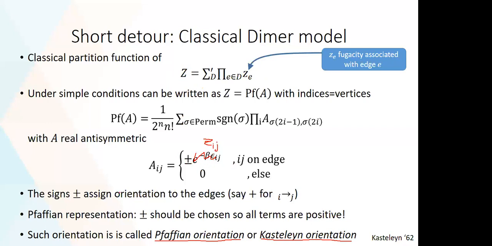In his work, he thinks of this assignment of plus or minus sign as an orientation of the edge that connects I and J. So if we have a plus sign here, then the edge between I and J is an arrow that points from I to J. And I forgot to say, A is anti-symmetric, so JI should have the opposite direction, which is consistent with this orientation choice.